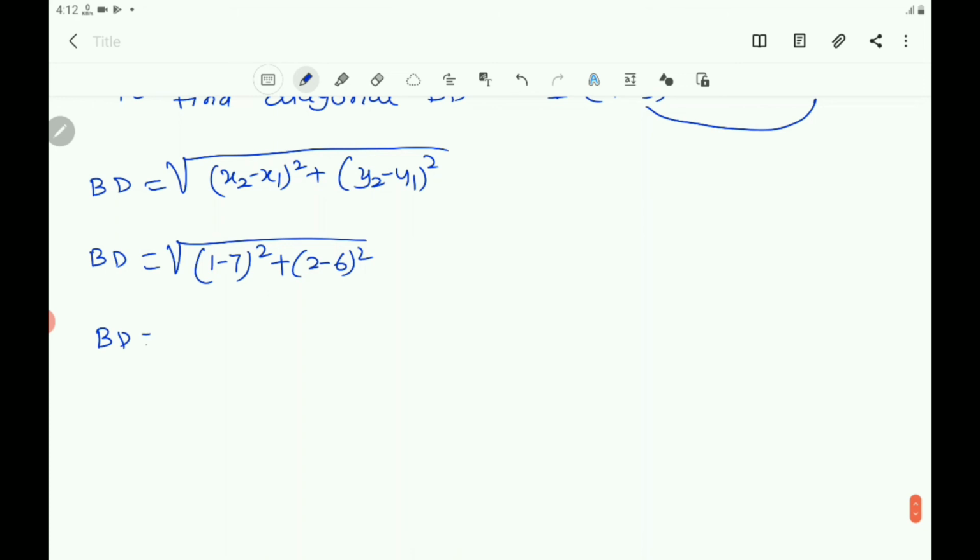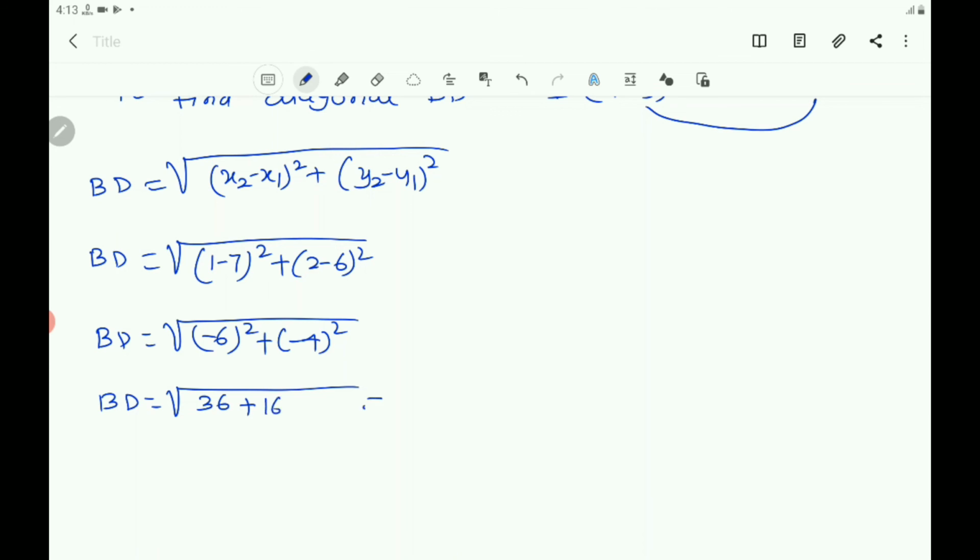Minus 6 whole square is 36 plus 4 square is 16; 36 plus 16 is 52, root 52. That equals square root of 4 into 13, equals 2 root 13.